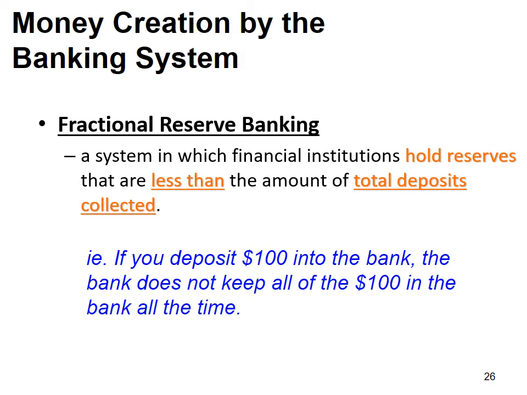Now of course, when the banks lend out, they charge interest and earn something. Maybe the banks would want to lend out as much as they can, but the central bank will not allow them to do that. Just in case customers want to go there and withdraw their money, the banks need to be able to give back that money to the customer.